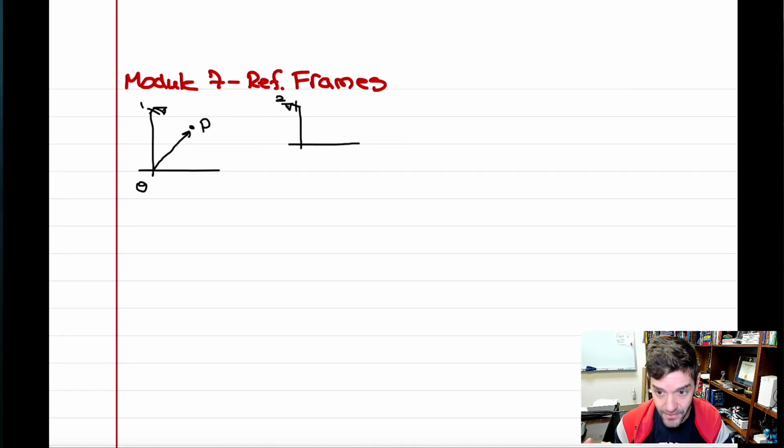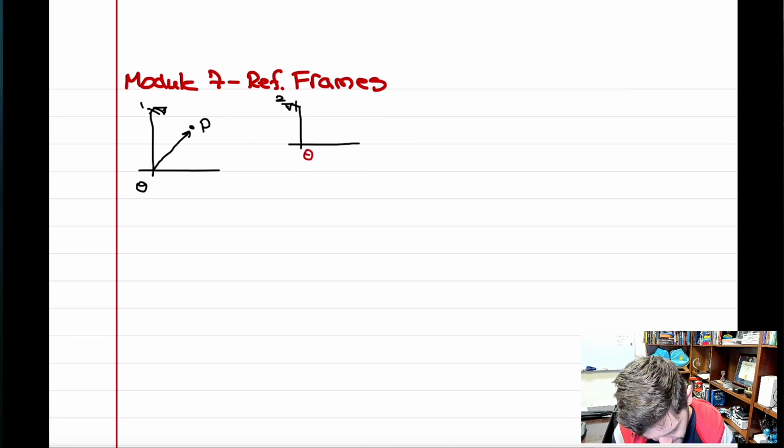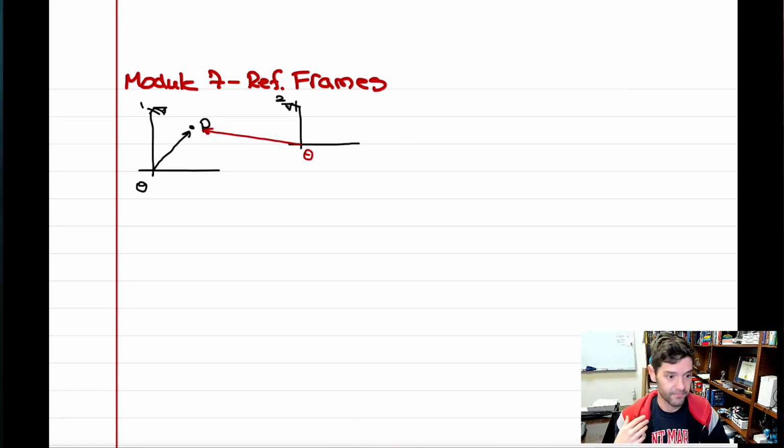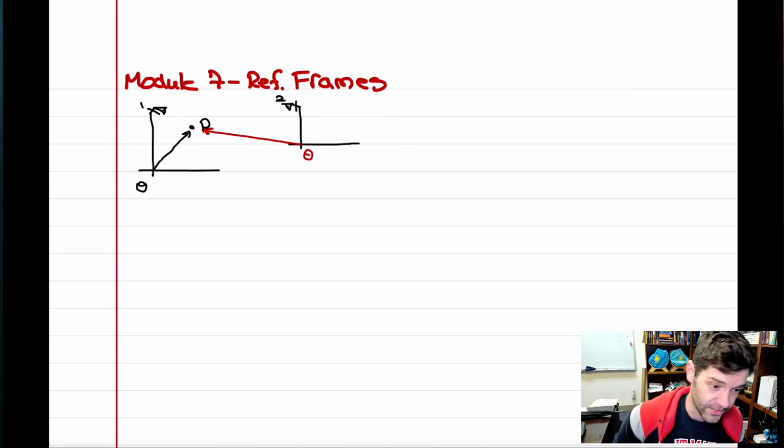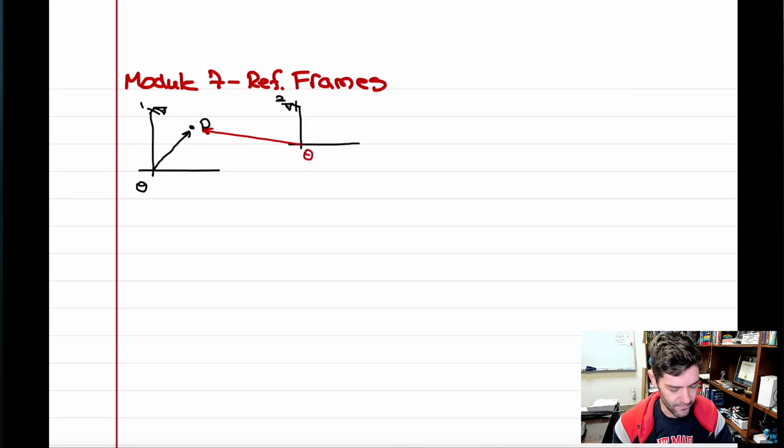If you had your axes laid out with an origin located here, you might then say that the position of this particle is this vector that points from your origin to the particle. I might say the particle is up and to the right. You might say it's a little up, but more to the left. These are two obviously correct ways of describing the position of this particle, for each of them is correct for that given reference frame, for that given coordinate system.